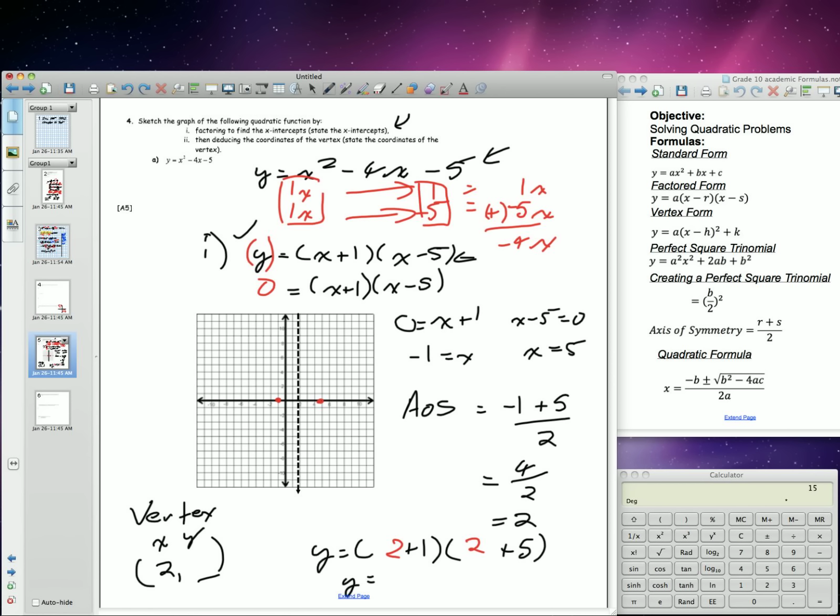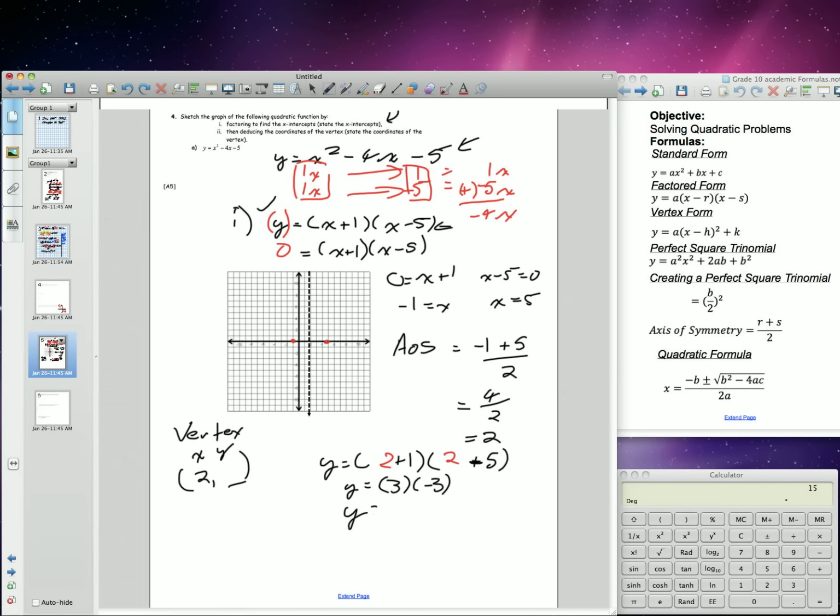Y is equal to positive 3. Sorry, this is supposed to be negative 5. Times negative 3. Our y value is negative 9. So our vertex is at 2 and negative 9. I fixed that. So if we were to graph this, it looks something like that.